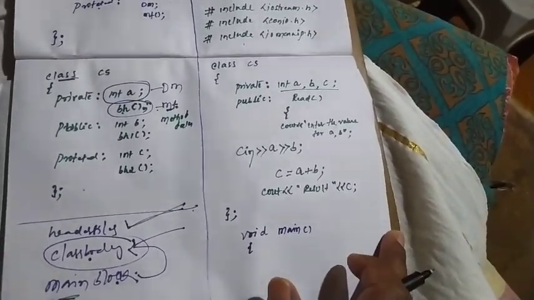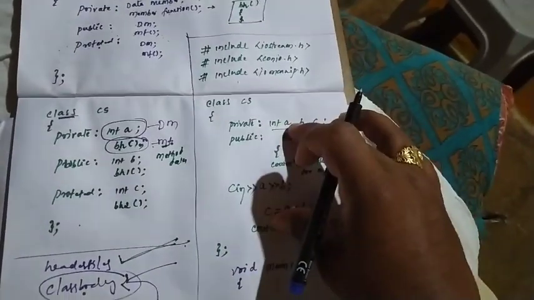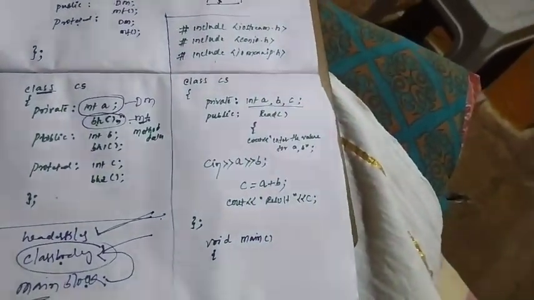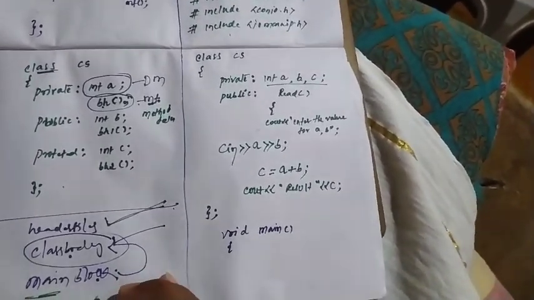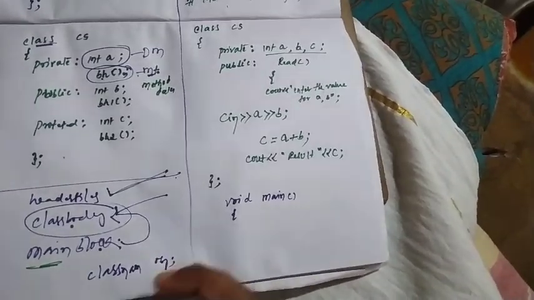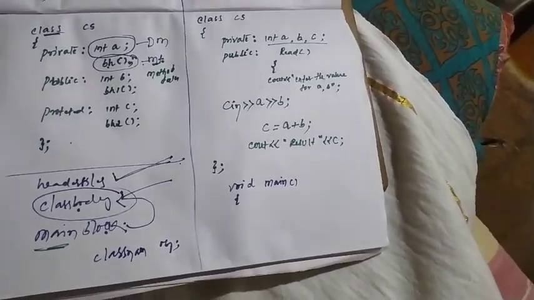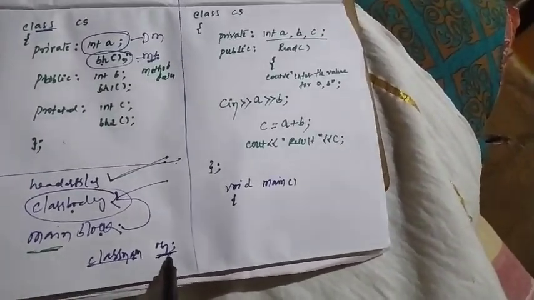With the help of that reference object itself, you are going to execute this class body. What is the syntax to declare a reference object for the class? That is the class name followed by the object name semicolon. What is the syntax to create a reference object? Class name followed by the object name.